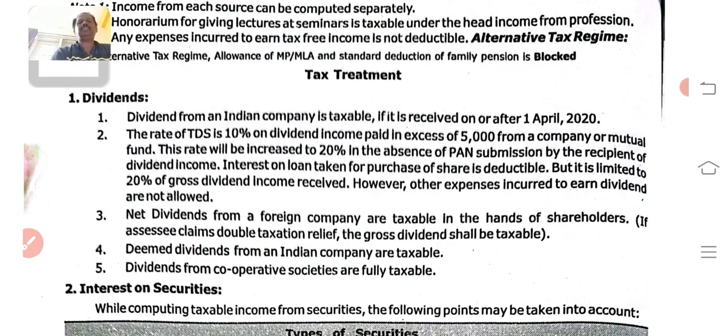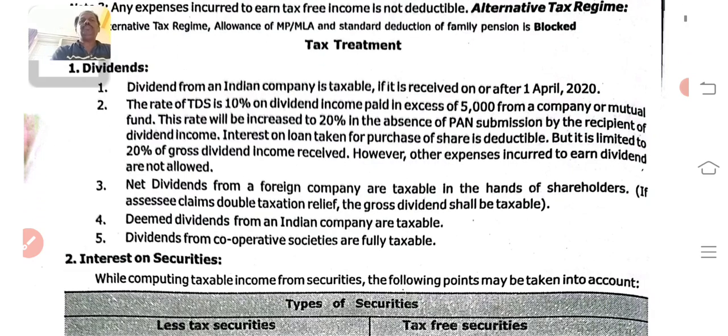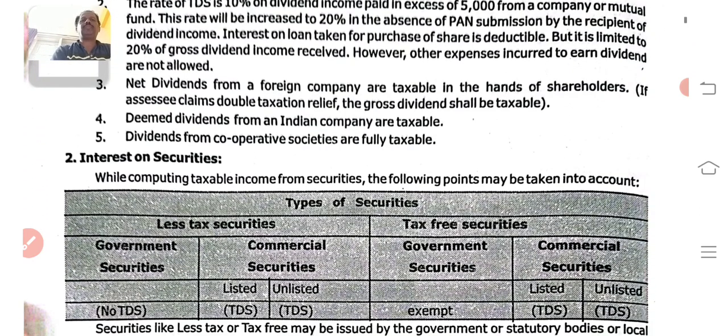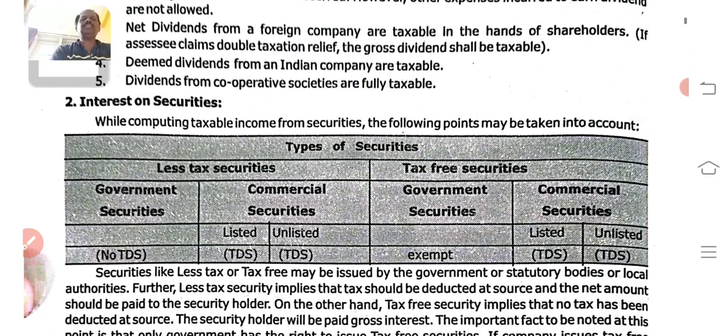The gross dividend shall be taxable. Even deemed dividends from an Indian company are also taxable. So, dividends from a cooperative society are also fully taxable. What is the second point? Interest on security.